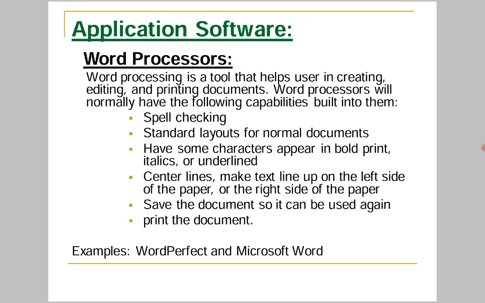Another important feature is printing of the document in a variety of ways, like printing the document or letter in horizontal way, in vertical way, or on various paper sizes like A3, A4, A5, B2, B3, B5, and like that. All these are the various features of word processing.